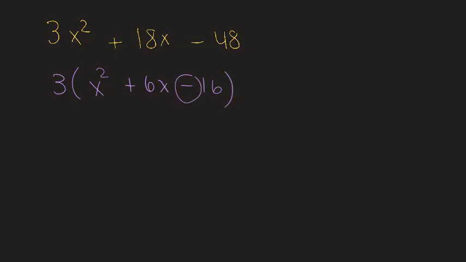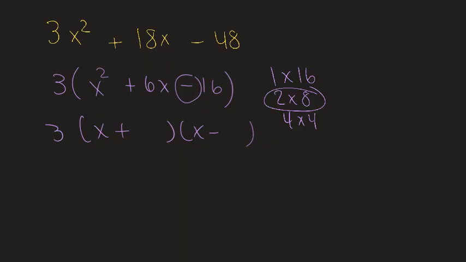The signs don't match, so I have 1 plus and I have 1 minus. I have to subtract to get a 6. 1 times 16, 2 times 8, 4 times 4. Which one subtracts to get a 6? Because I want it to be a positive 6, the 8 goes here, the 2 goes there.